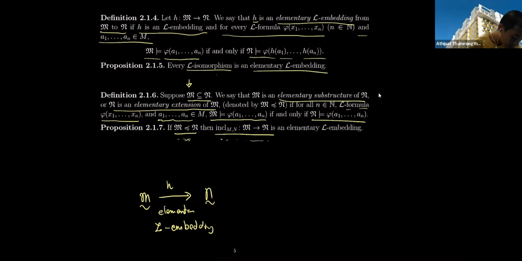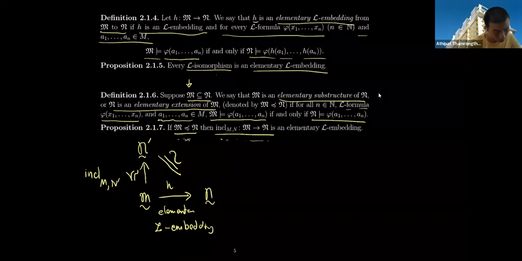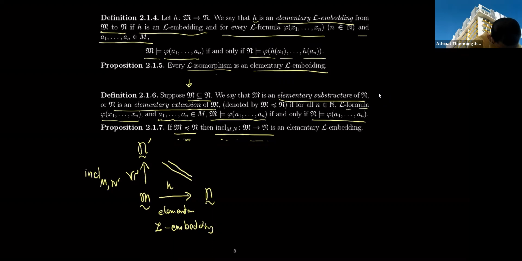there is a result that is not hard to prove. You can show that there is an L-structure N' such that N' is an elementary extension of M. You can consider this as an inclusion map from M to N', and these two structures are isomorphic. My isomorphism symbol looks a little strange.